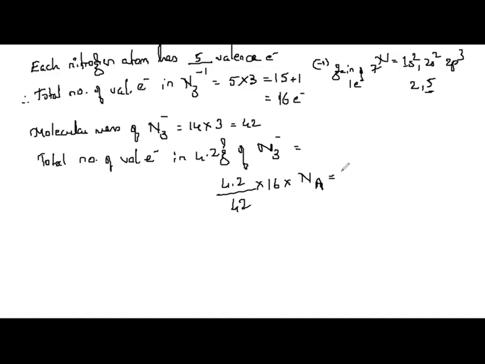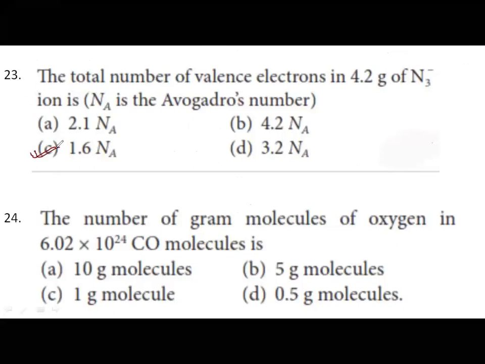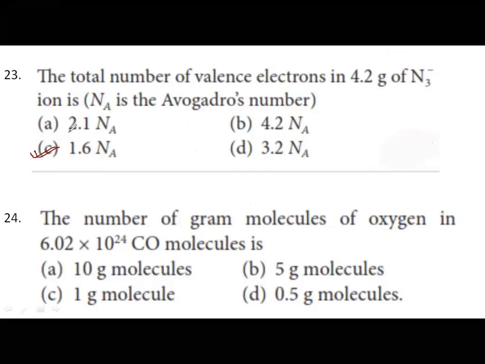So 16 into 0.1 is 1.6 into Avogadro number of particles. So the correct answer is 1.6 into Avogadro number of molecules. Correct? Okay. Moving to the next question.